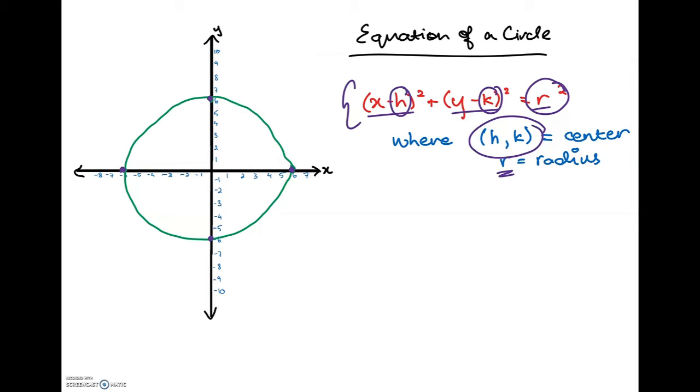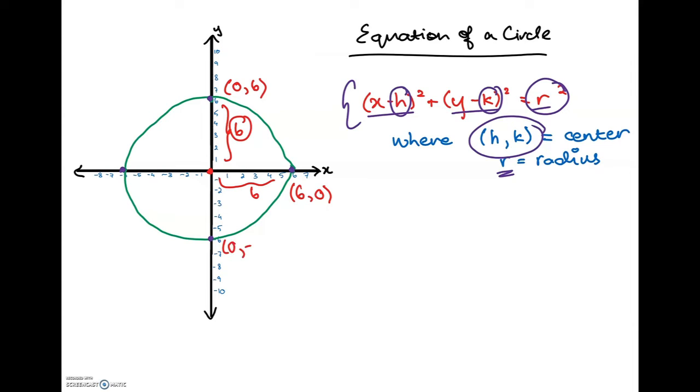Now this figure on the left is a circle. It looks like an oval, but since we know that approximately the center is at 0, 0, the distance from the center to each of these points is 6. Why? Because this is the point 0, 6. So from 0, 0 at the center to 0, 6, it's 6 units. This is 6, 0, so the same thing goes from the center, you go 6 units to the right.